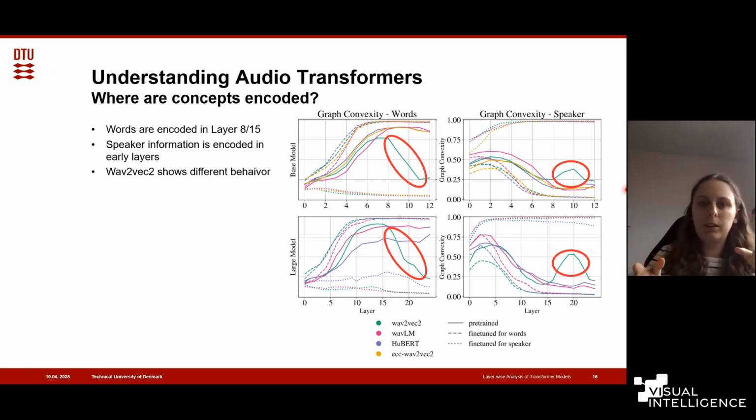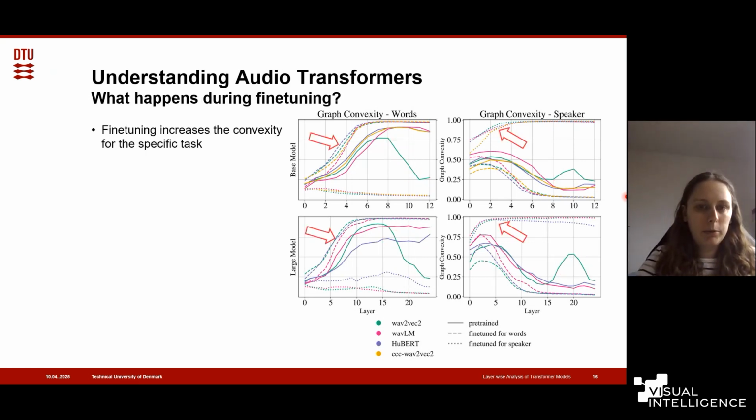So it could be that it learns the content information in the middle, but then to actually reproduce your input data, it needs to go back more to audio-specific things, which can also include speaker information. And the other models do not have it that much.